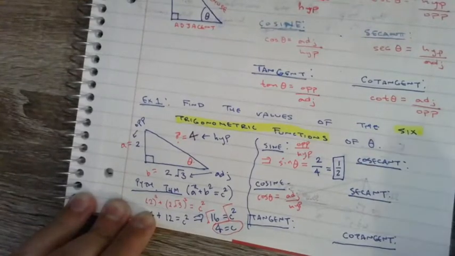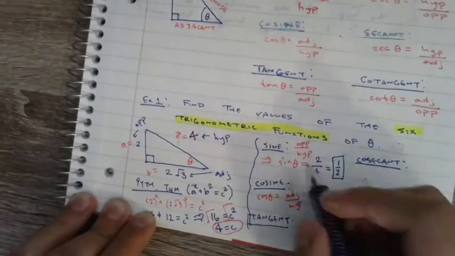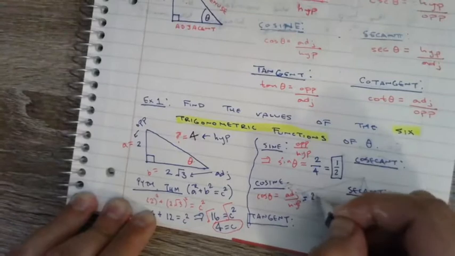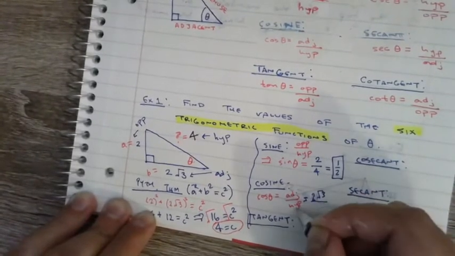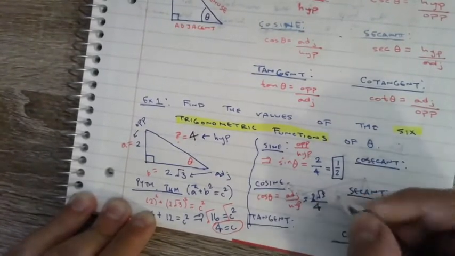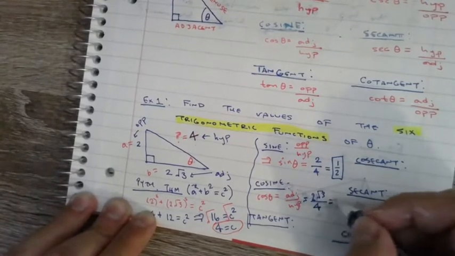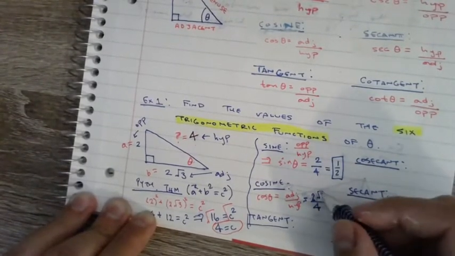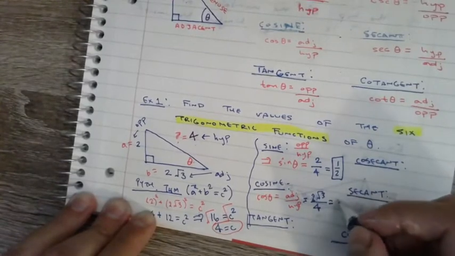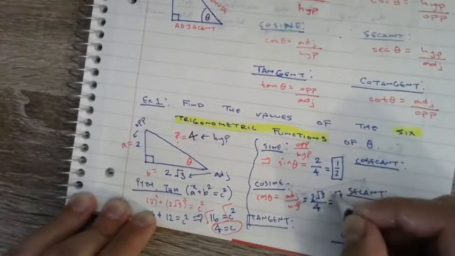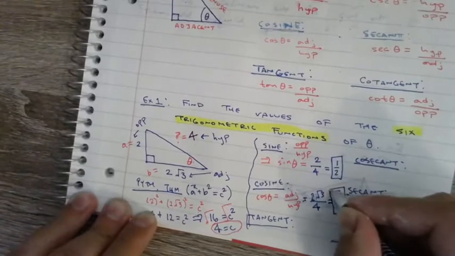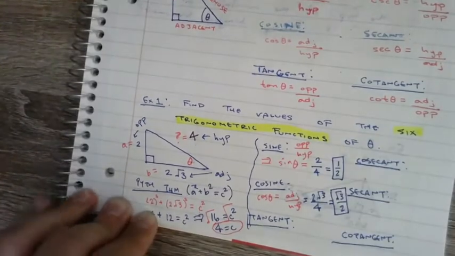Remember, your adjacent is 2 square root of 3, so you get 2 square root of 3 all over your hypotenuse, which is 4. Then you simplify this more: 2 over 4 gives you 1 at the top and 2 at the bottom, so you get square root of 3 over 2. And that's your cosine.